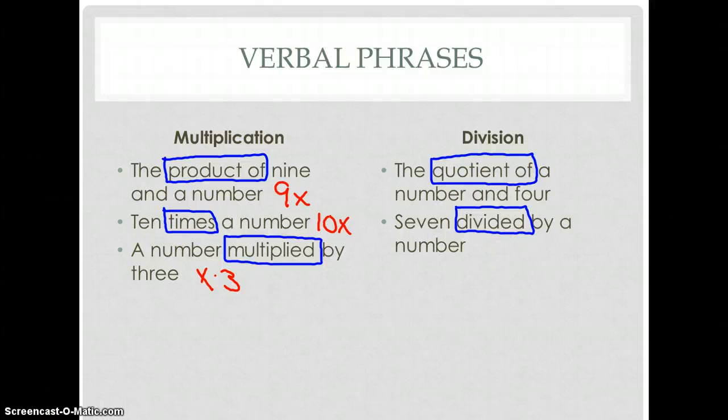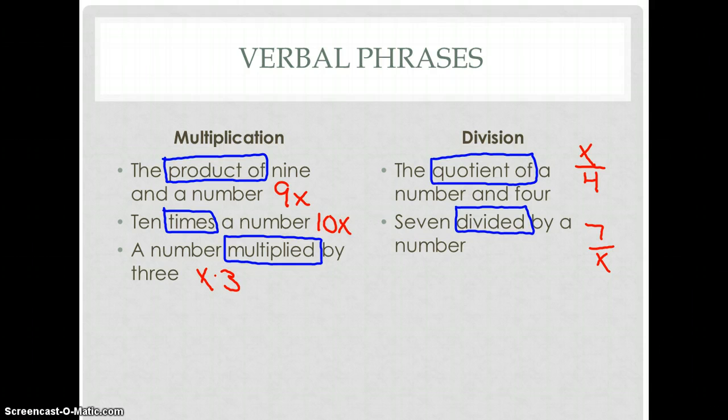Now, these we could flip-flop the order because the order you multiply 2 numbers together doesn't matter. It is very important in division, though. The quotient of a number and 4 is x over 4. 7 divided by a number is 7 over x. See the difference in where that variable is?